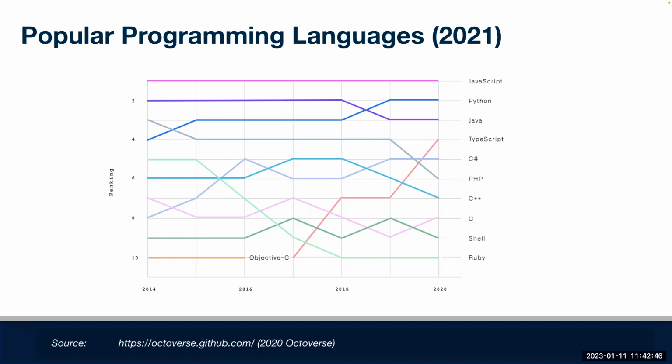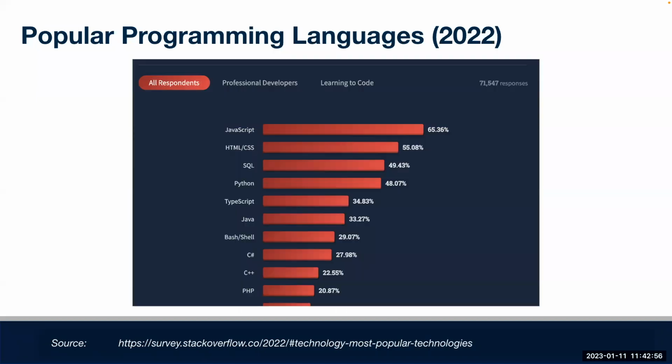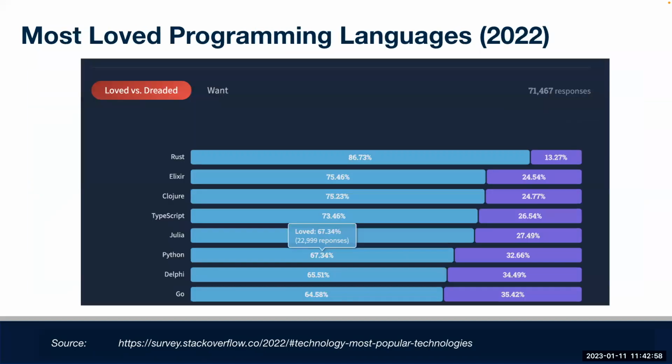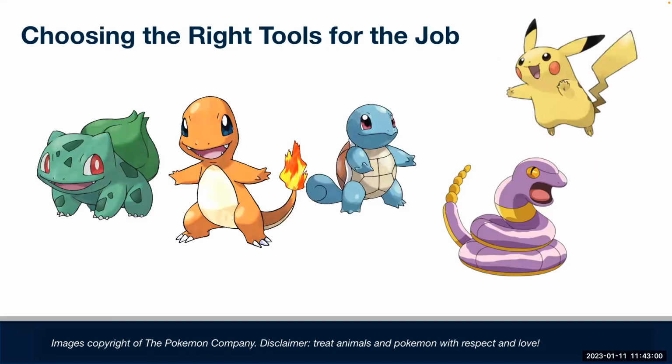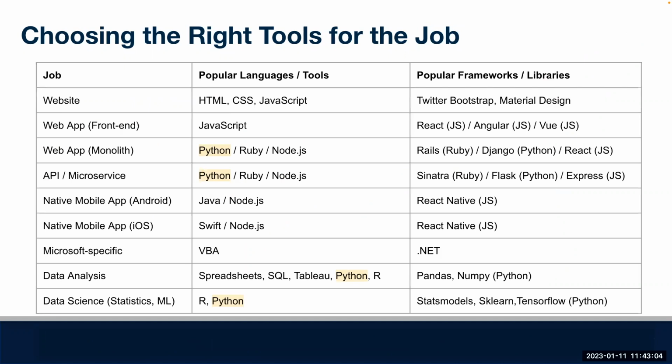Python, rather, is a back-end language and it's very versatile. We could use it for software development, data science, machine learning, and lots of stuff. So we see Python is very popular and wanted and loved, but really we're just choosing the right tools for the job. And Python can be used versatilely for many purposes.